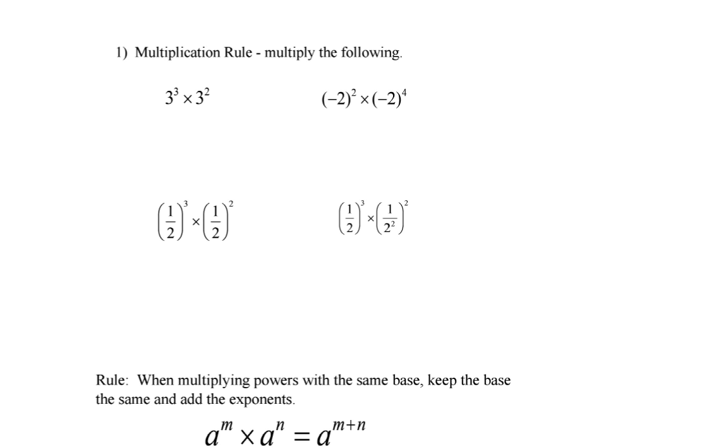So what we're going to do right now is multiply these two. In essence, you'll notice 3 cubed is basically 3 times 3 times 3, and then we're going to times that by the other 3 times 3. And if you look at this, we end up with the following answer.